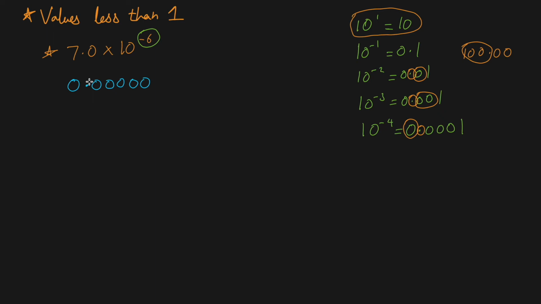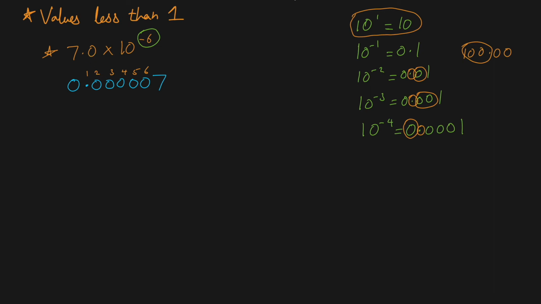So with the decimal point we have 1, 2, 3, 4, 5, 6, and then we will introduce 7 here. So that was the trick in order to solve for the values that are less than 1. It's just that you have to count the decimal point as well. So here, with the decimal point, we have 1, 2, 3, 4, 5, and 6. So that's how we will do it.